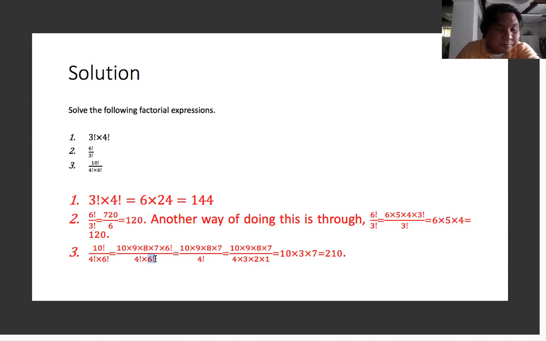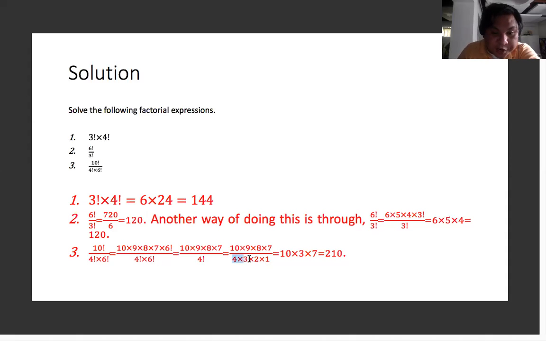Anyways, now that I stopped at 6 factorial, the 6 factorial can cancel the 6 factorial in the denominator, leaving us with 10 times 9 times 8 times 7 divided by 4 factorial. Now to continue, I'm going to expand 4 factorial. So 4 factorial is 4 times 3 times 2 times 1.